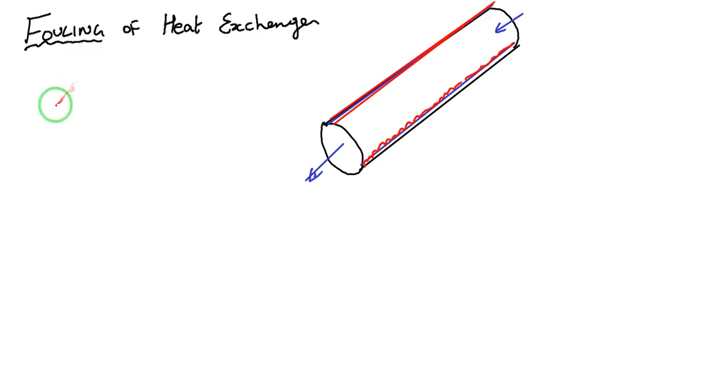When there is rust formation, over a period of time there will be an increase in the thermal resistance, which means there will be a drastic drop in the overall heat transfer.